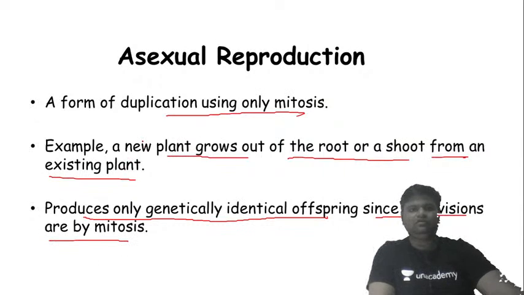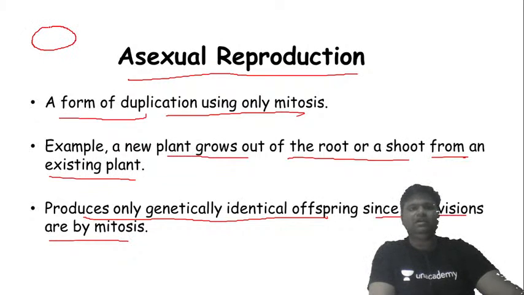So in asexual reproduction, all the cell divisions occur by mitosis. In mitosis, one parent cell divides into two daughter cells. So simple division into two daughter cells takes place. This is the case of asexual reproduction.